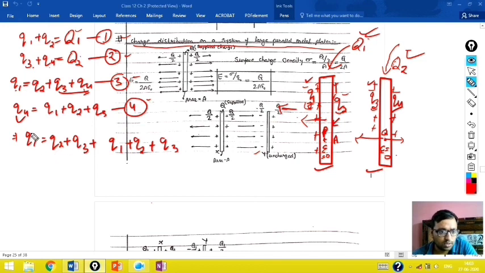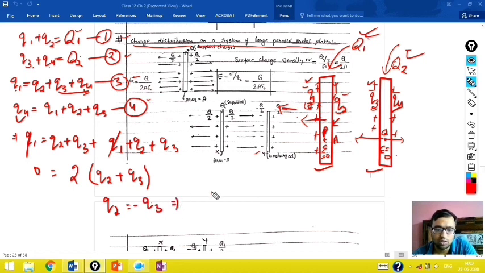So which terms will cancel out? Q1 and Q1 cancel out. From here we will get twice of q2 plus q3, which is equal to 0. So from here you can say that q2 equals minus q3, or similarly q3 is minus of q2.